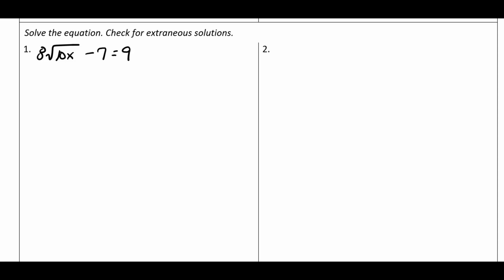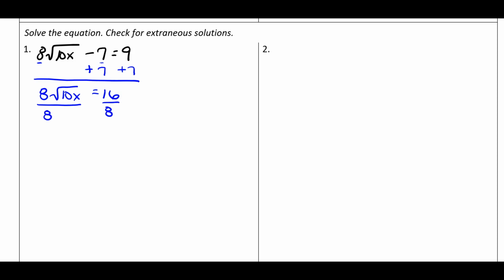We have to isolate this square root of 10x, which means we have to get rid of the times 8 and this subtract 7. Just like a linear equation, we would add or subtract first, and we're going to do the same thing here. So we add 7 to both sides first. That gives us 8 square root of 10x equals 16. Now we divide both sides by 8.